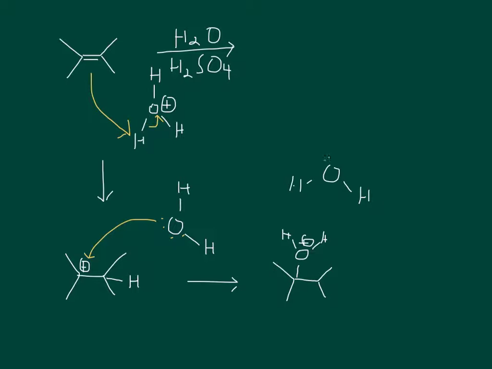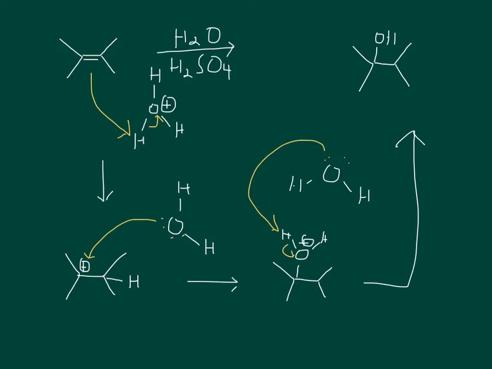So once again, if I draw those electrons in, those would come in, abstract a proton, these electrons would fall down, just a simple proton transfer, and that would leave us with this. And if I draw the other hydrogen we added across the double bond, we see that we've added a water molecule across a double bond, and thus it's a hydration.